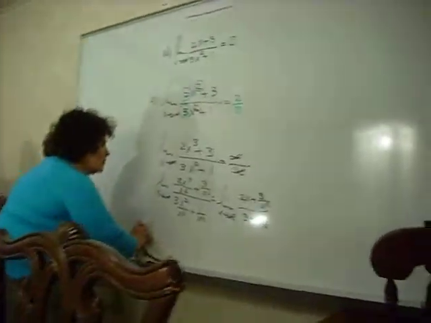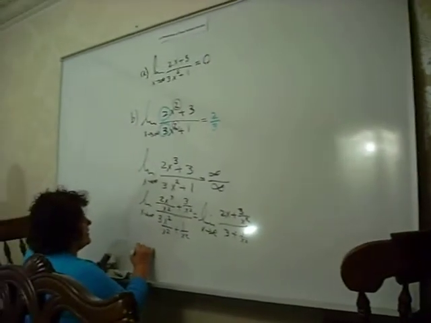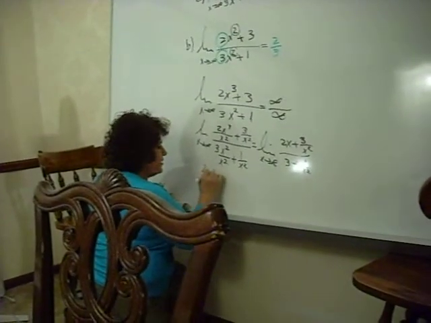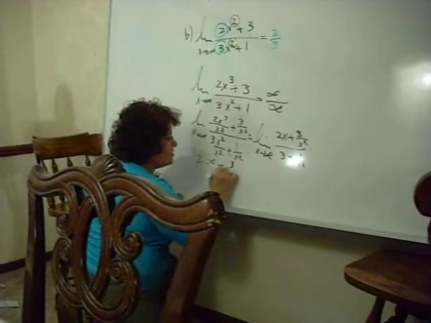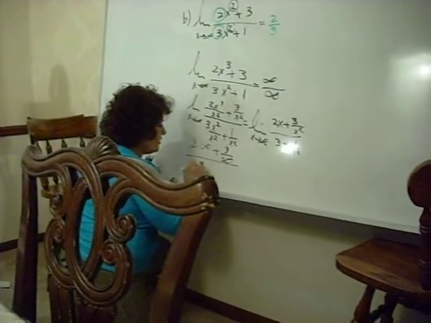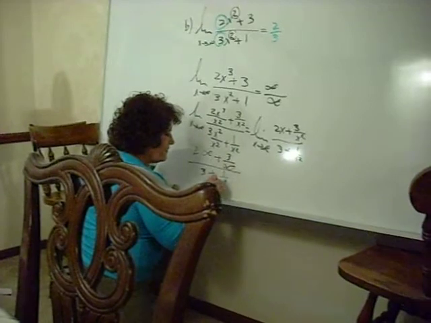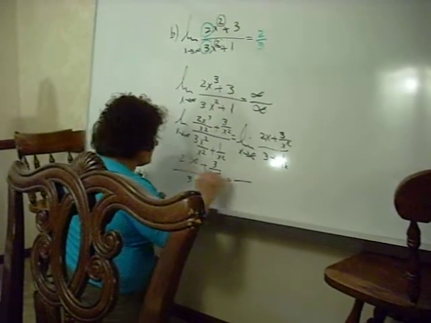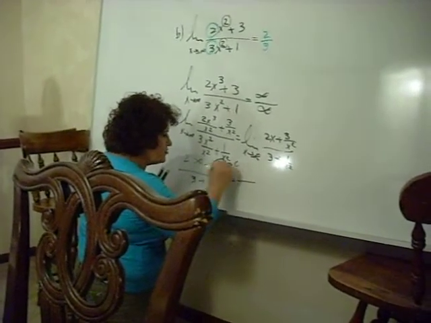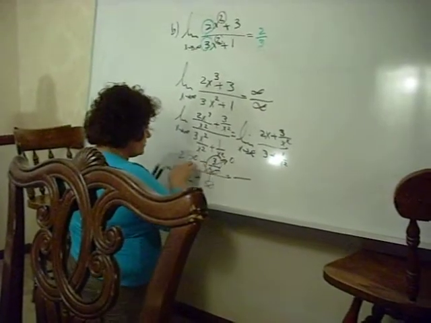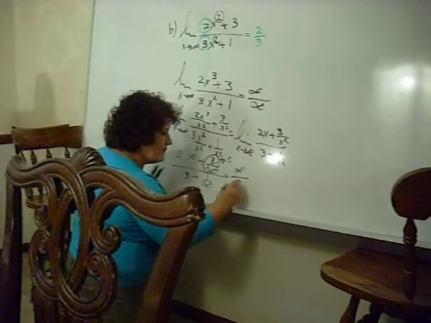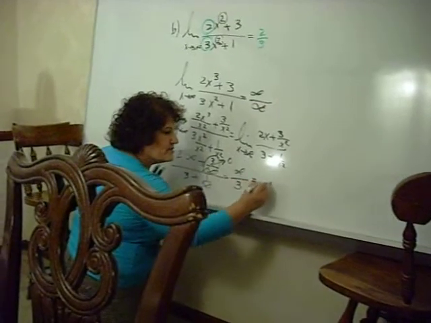Putting in the limit, it's 2 times infinity plus 3 divided by infinity squared, which is just infinity, over 3 plus 1 over infinity squared, which is 3. So the final answer is what? The 3 divided by infinity is almost 0, 2 times infinity is still infinity, over 0 plus 3. A big number divided by 3 is almost infinity.